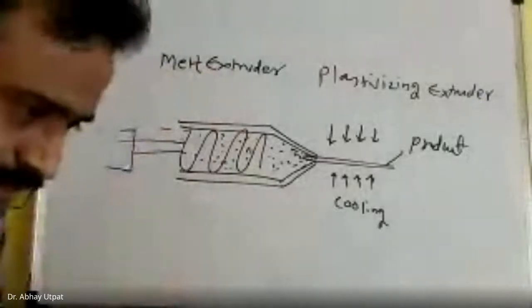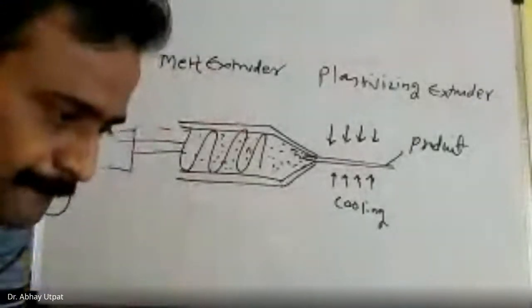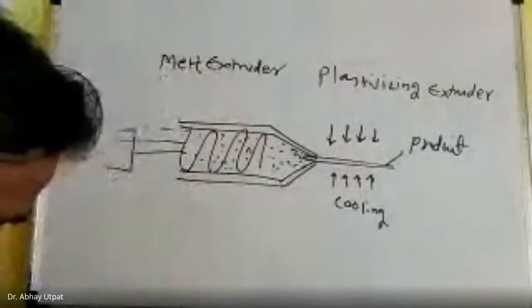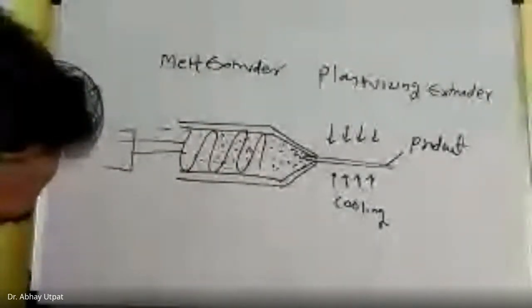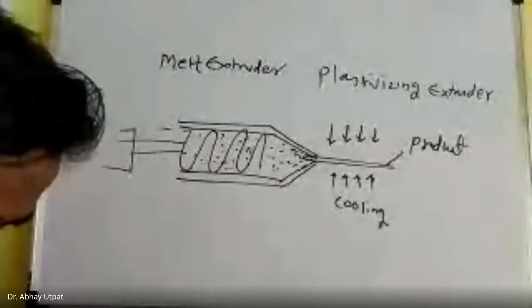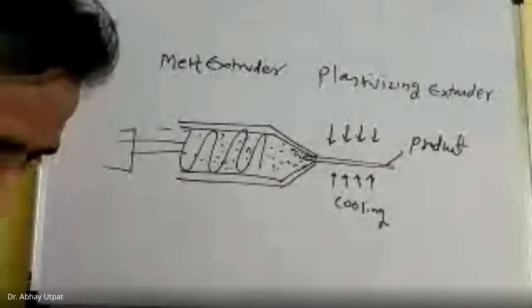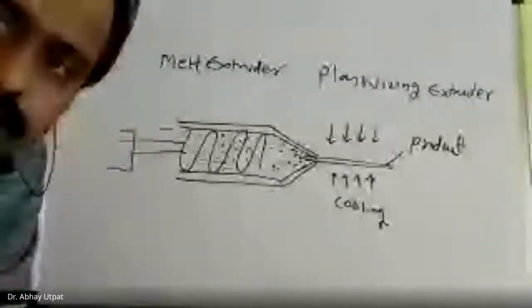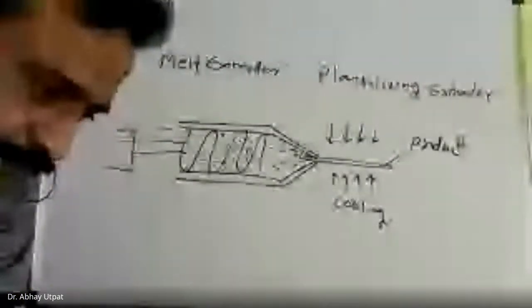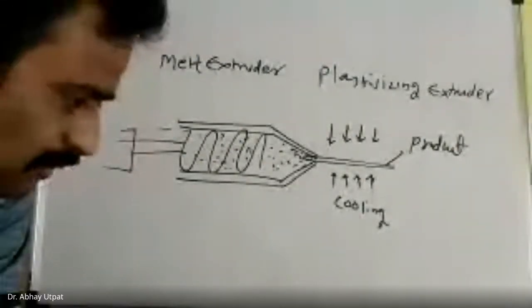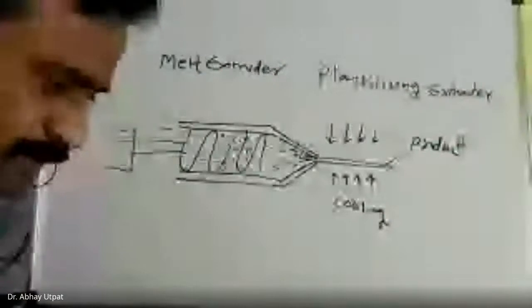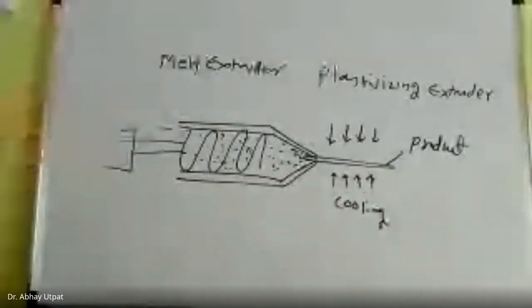Let me ask somebody. Mahesh Shinde, roll number 61. Mahesh, are you there? Yes, sir. Mahesh, look at both figures, the earlier figure and this figure, and tell me what is the basic difference in cooling of extrusion molding and injection molding. Hope you have drawn the earlier figure.